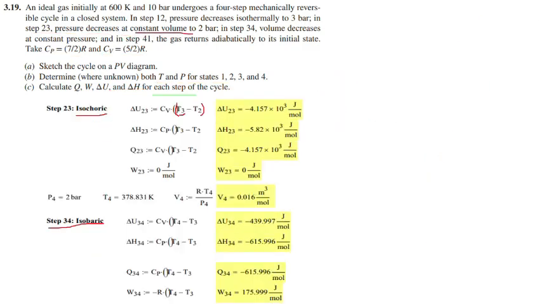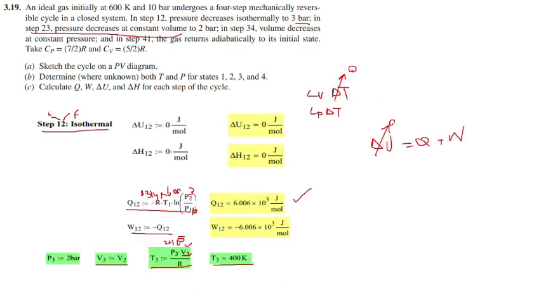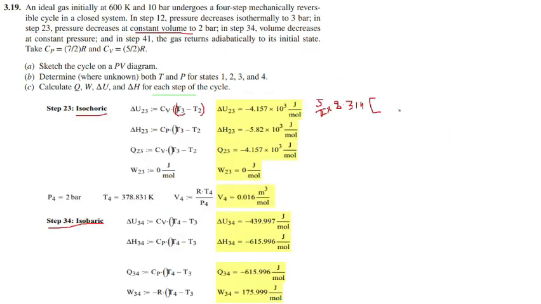I just write here 5 by 2 into R, which is 8.314, while T3 is 400, while T2 is 600. Just put the values, you will get your answer. This will be your answer.